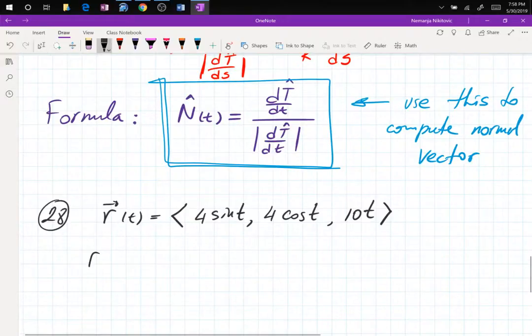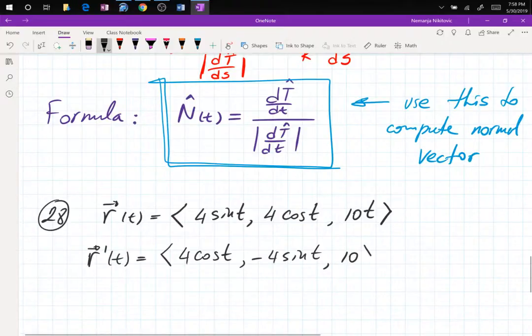So first we need r prime of t. That is going to be 4 cosine t, negative 4 sine t, and then 10.